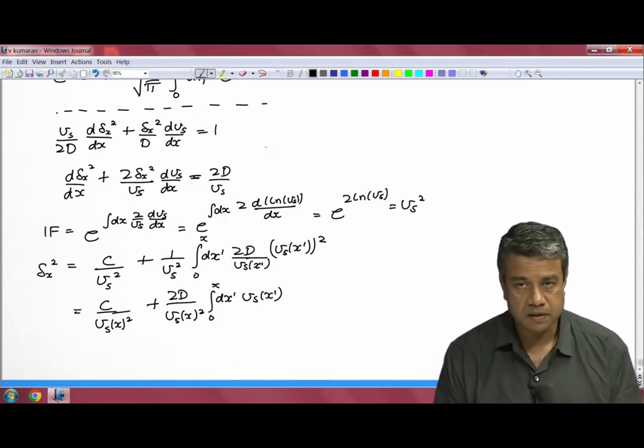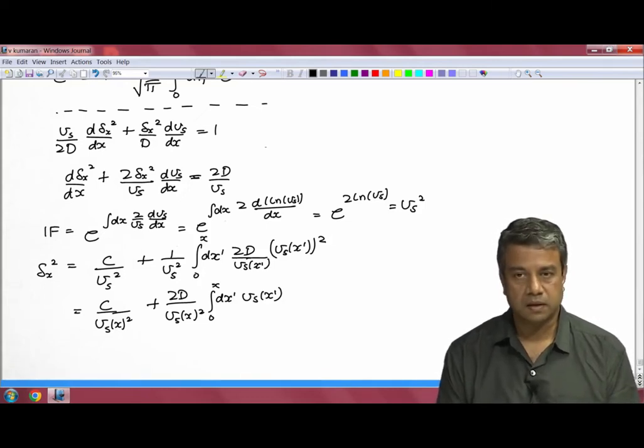So that is the final expression for the boundary layer thickness.